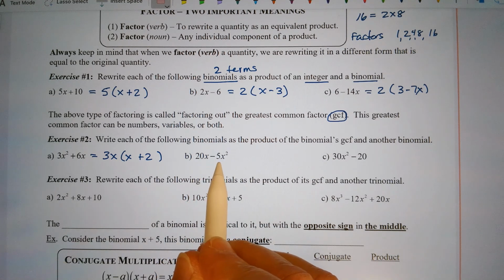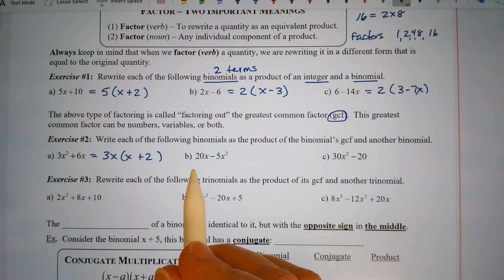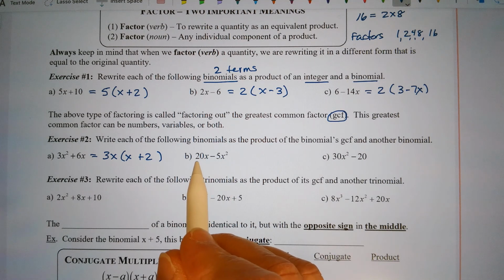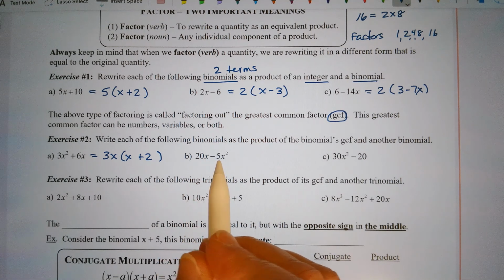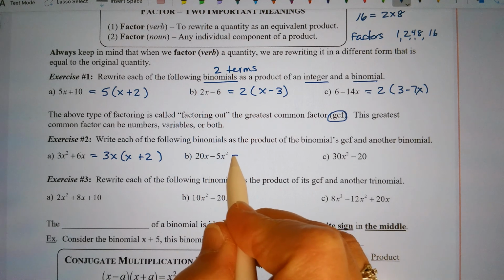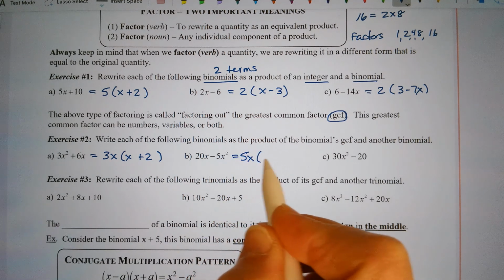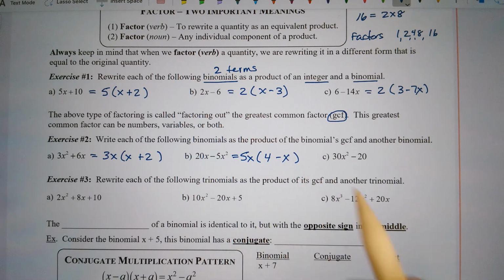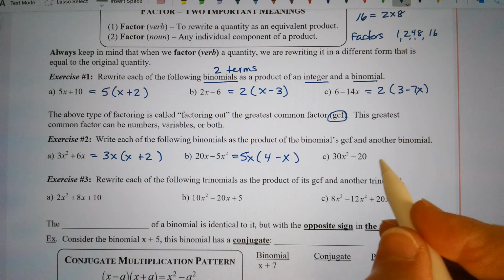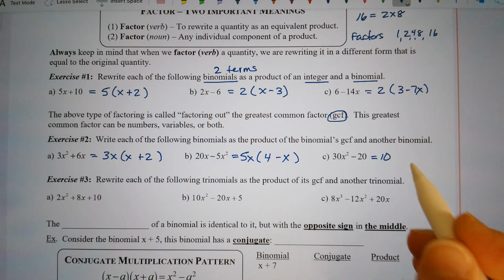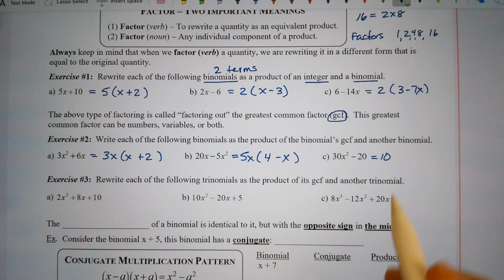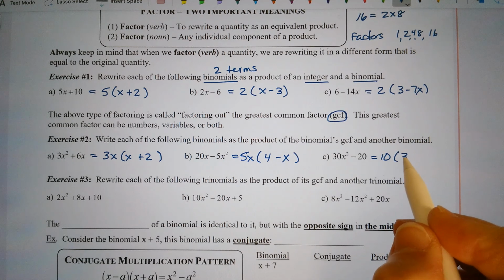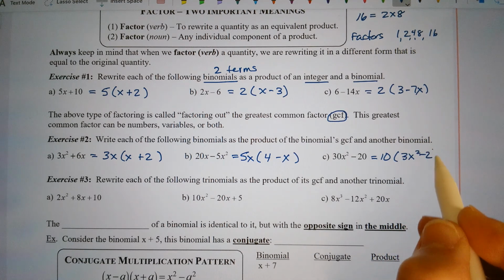Taking out the greatest common factor to these two terms, to 20 and 5 is 5, and to x and x squared is x. So 5x is factored out, and the other factor is 4 minus x. 30x squared, negative 20. Both have 10 as a common factor. 3x squared minus 2.